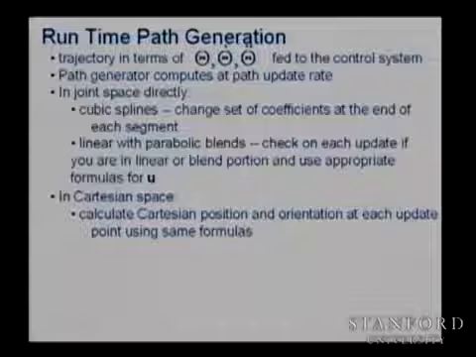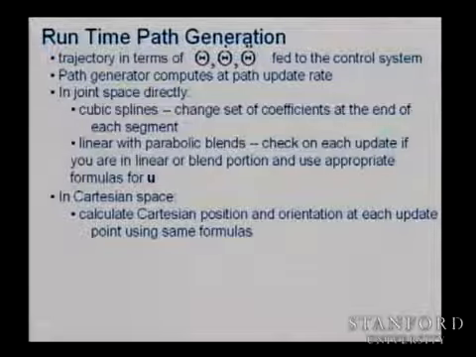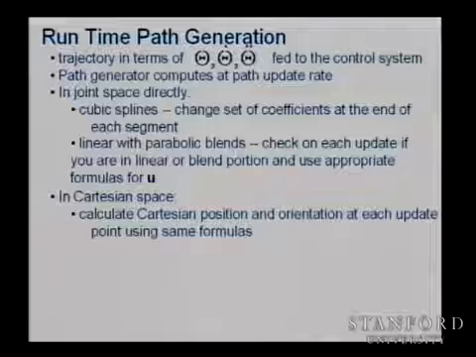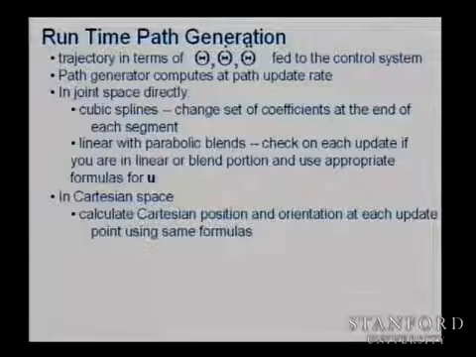The problem, of course, is that we're not following a particular trajectory. We're just moving kind of continuously in the space. If we're doing the planning in Cartesian space, then we calculate the Cartesian position and orientation at each update point using these same formulas.